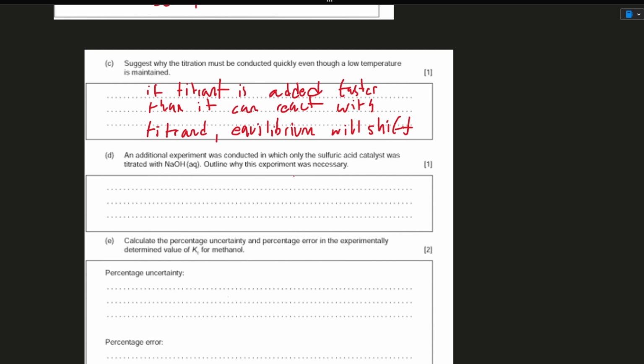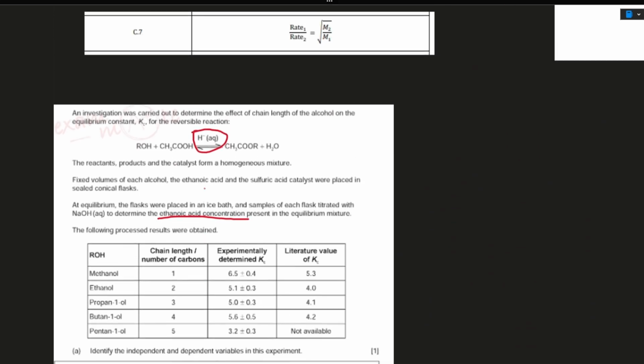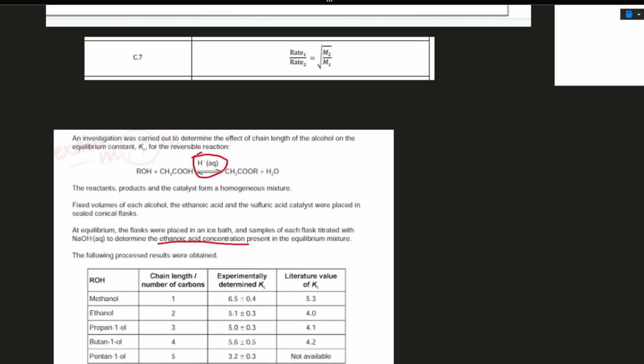Well, here we can see that it was titrated with sodium hydroxide, which is a sort of strong alkali, and in doing so it's being reacted with the catalyst of an acid.